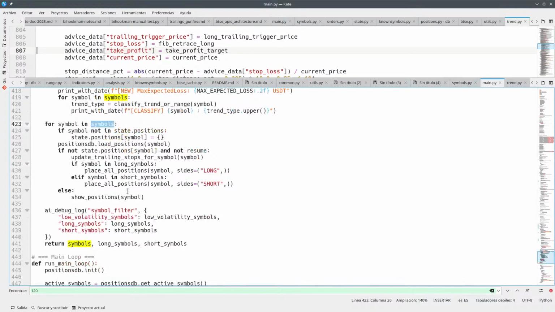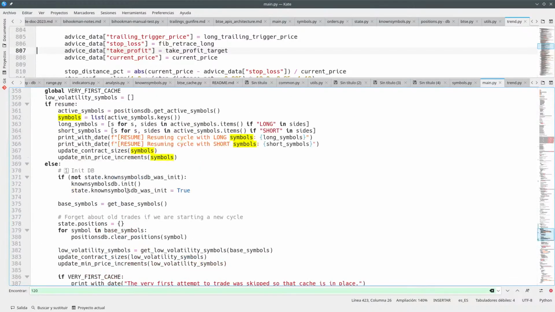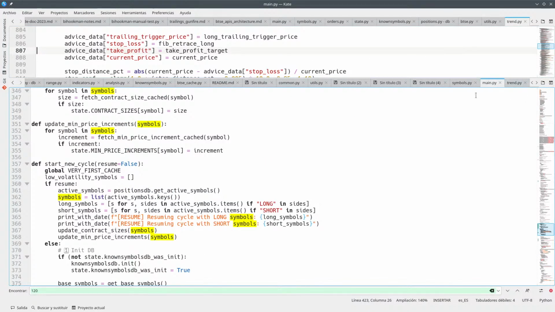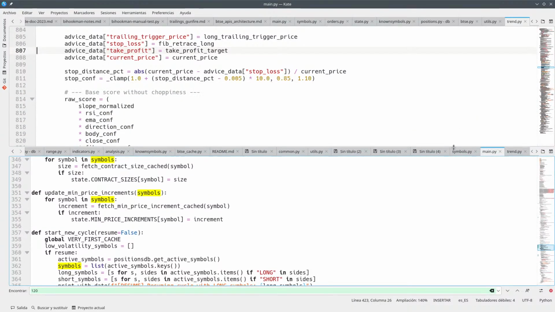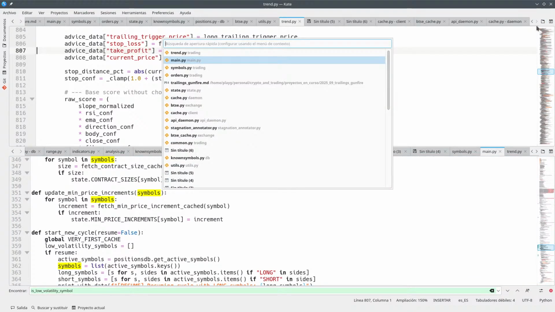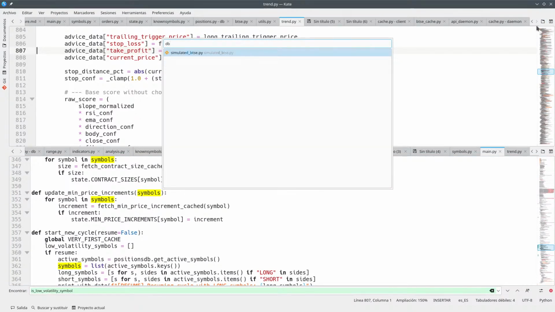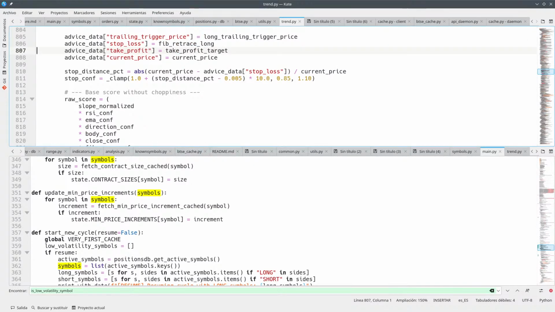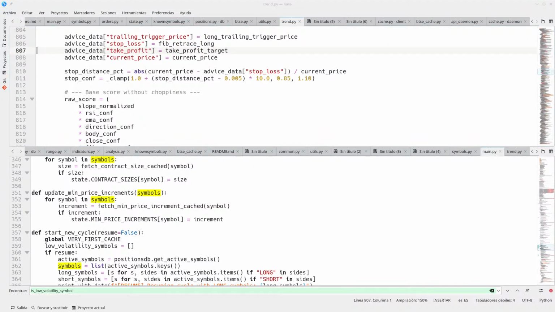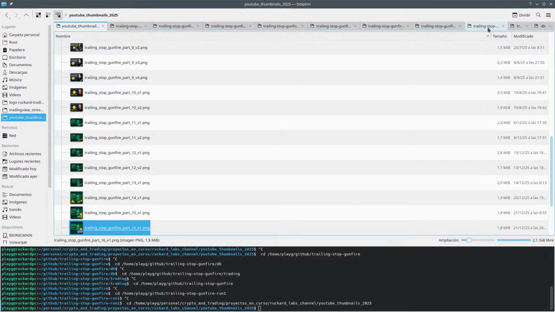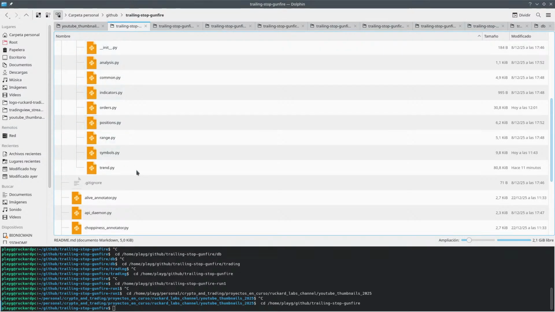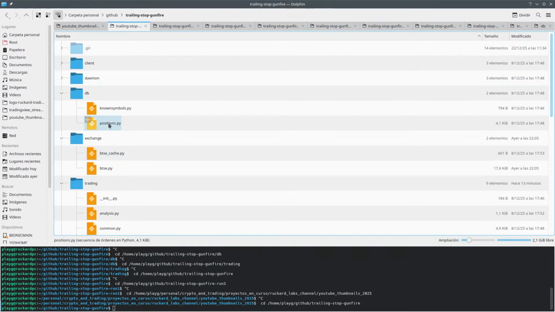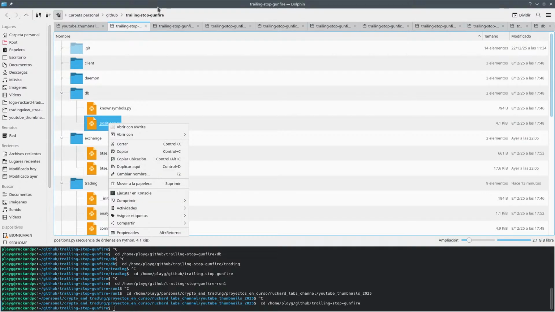So maybe we should start with the DB. We have some DB stuff around here. No, we don't. Somewhere, DB positions, DB known symbols.